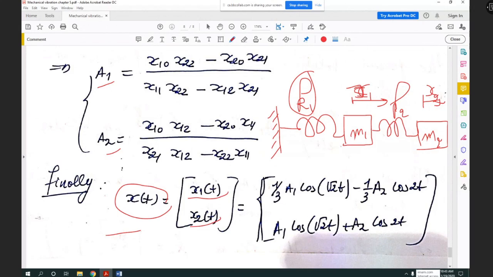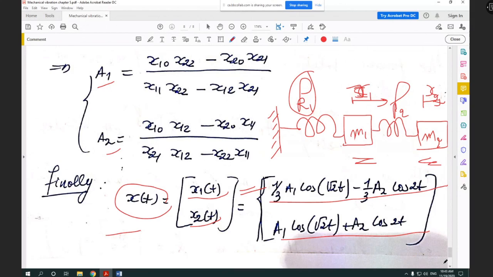So our system will oscillate, the mass M1 and the mass M2 will oscillate according to this equation. X1(t) will be equal to this expression and X2(t) will be equal to this expression.